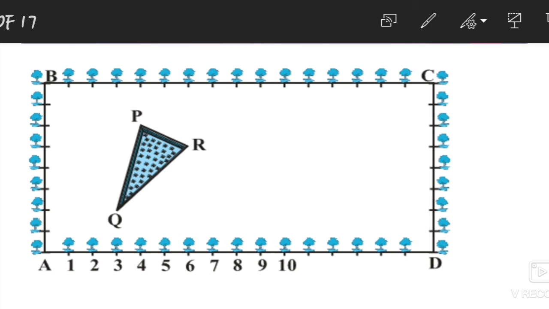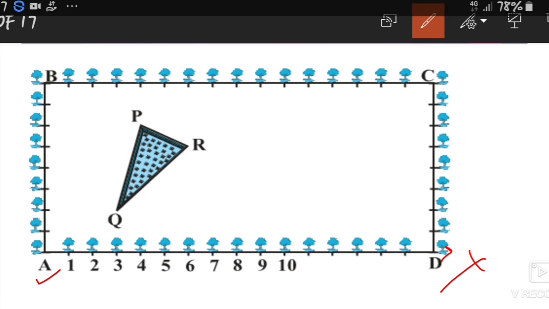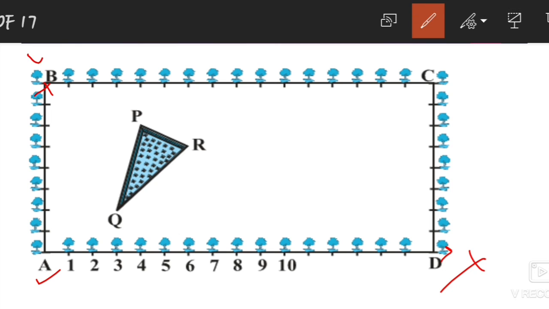So if you look at this picture, here I am taking A as origin. That means AD will be the x-axis and AB will be the y-axis. Now, if AD is the x-axis and AB is the y-axis, the coordinate of this Q point will be 3, 2.